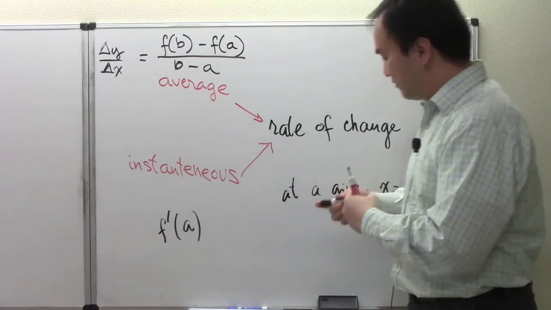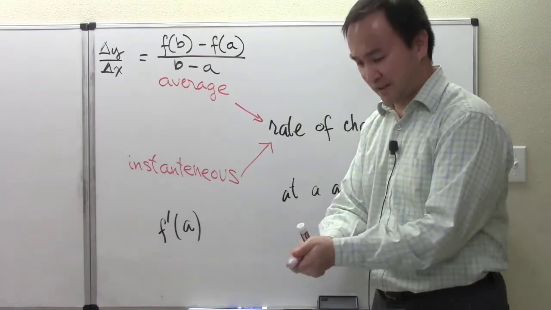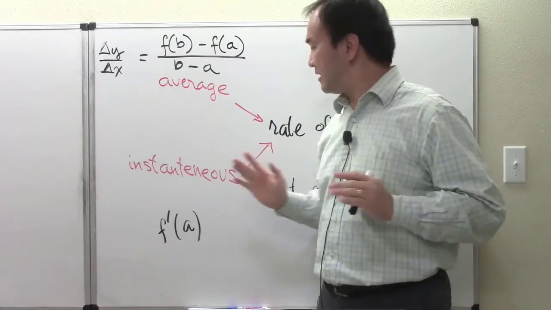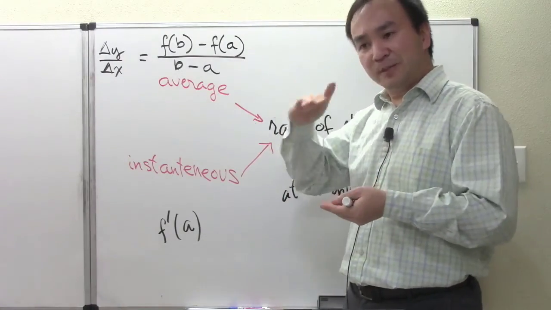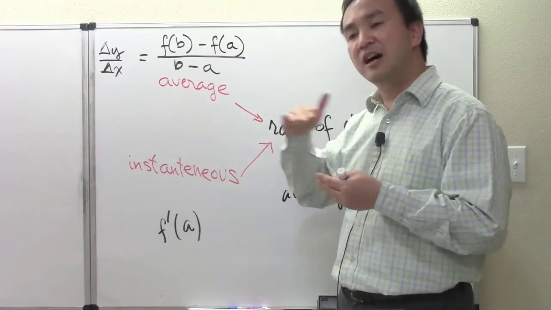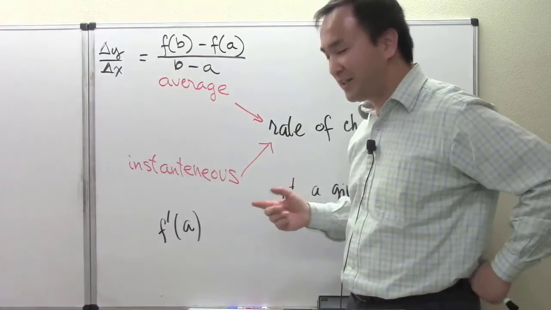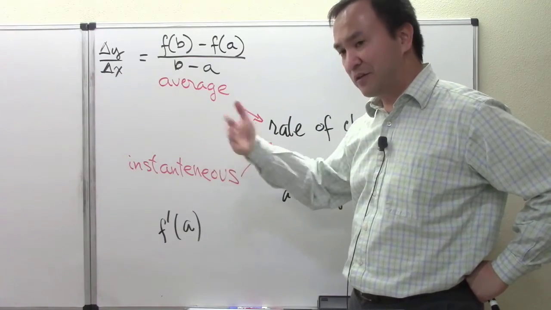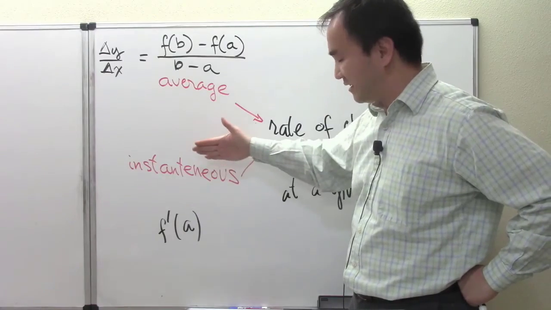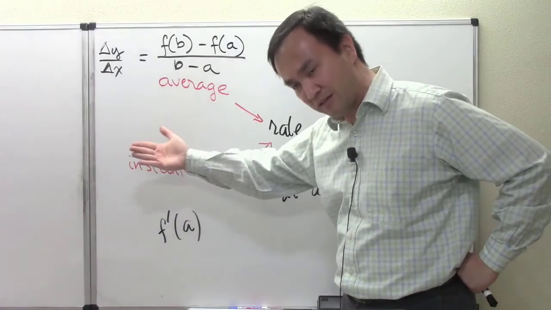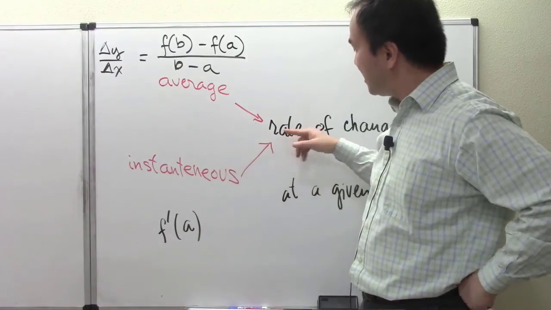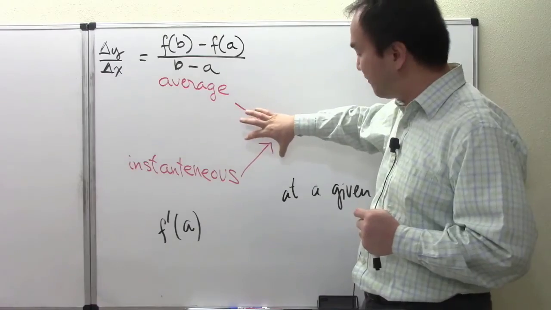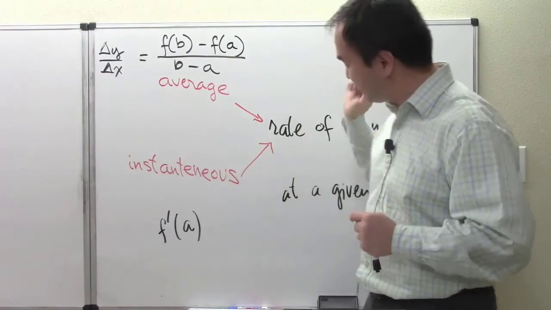And now I have to point out this agreement for the rest of your study in calculus. Starting at this point, after you've learned calculus and how to take a derivative, from now on for the rest of your study and career in mathematics, anytime we say the word rate of change, we refer to the better version, the instantaneous rate of change.